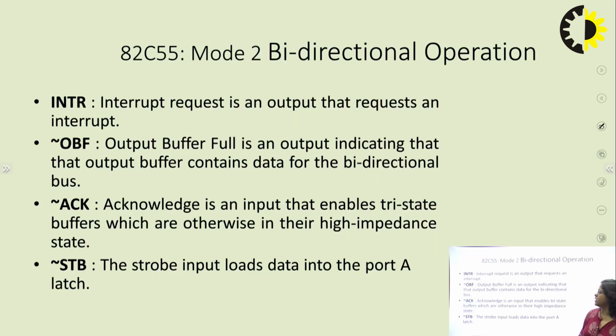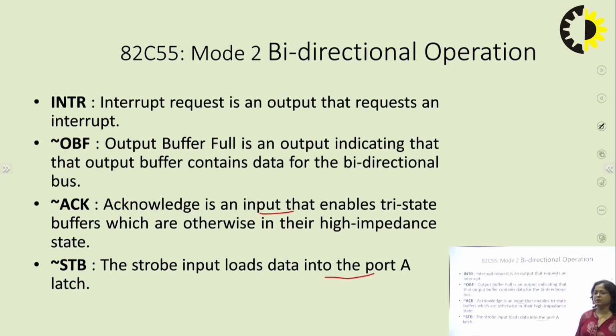So mode 2 bidirectional consists of INTR, interrupt request, which is an output that requests an interrupt. Output buffer full signal is also an output, indicating that the output buffer contains data for the bidirectional bus. Acknowledgement is an input signal that enables the tri-state buffer.